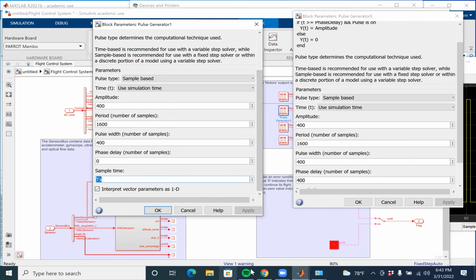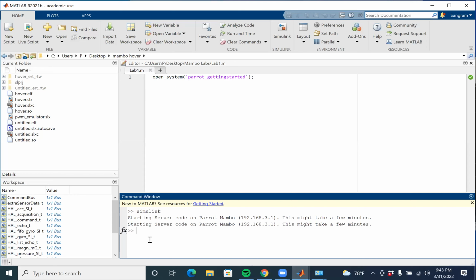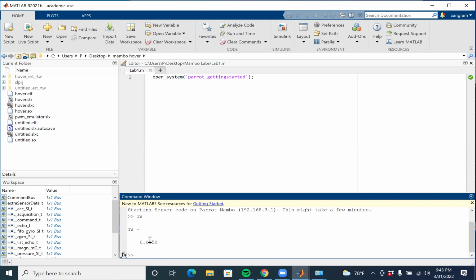If you go to your simulation, you can actually type in TS and you would see 0.005. So what that means is every sample is being sent at 0.005 seconds. Everyone understood this?